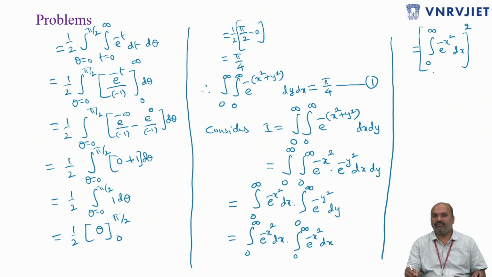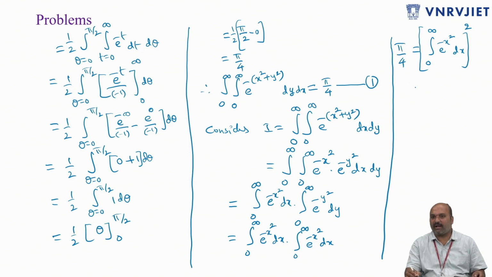Now, what is this? Integral 0 to infinity e power minus of x square plus y square dx dy equals pi by 4. So you can substitute this equals pi by 4 now. This and this are both equal, which is pi by 4.